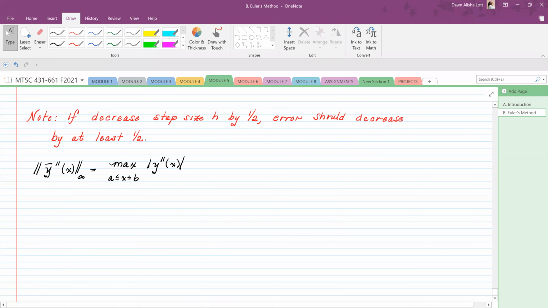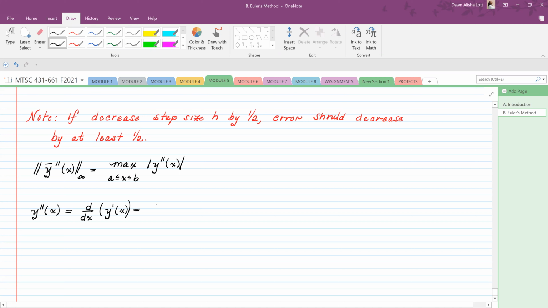All right. So now here you're given this problem. y double prime of x is equal to the derivative with respect to x of y prime of x.